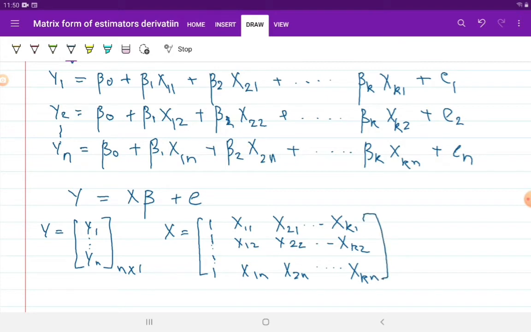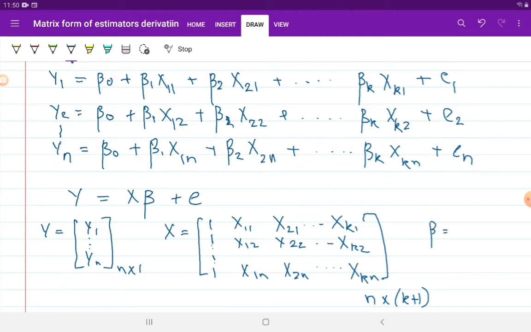Now the dimensions of this matrix X is n rows times k plus 1. K plus 1 is because you have k explanatory variables and the intercept term.